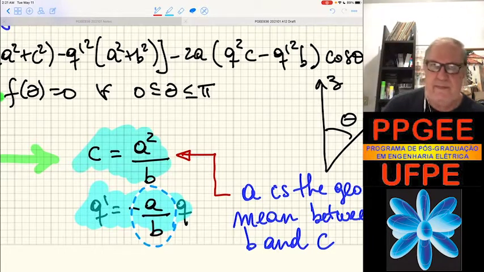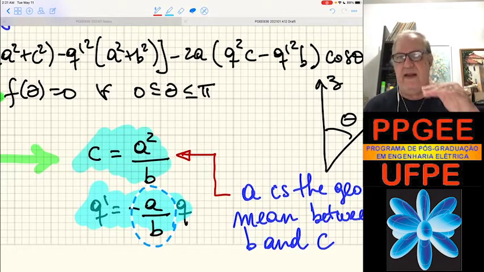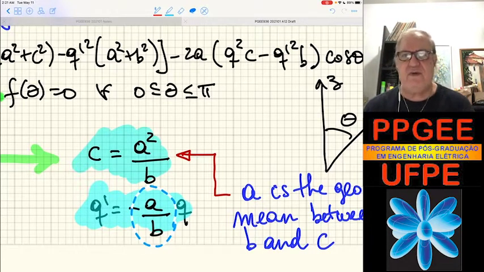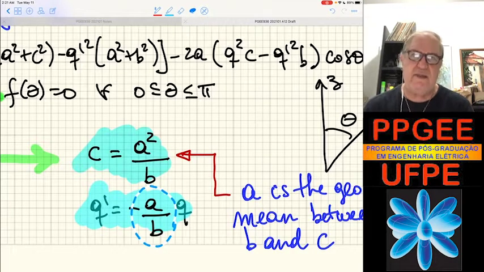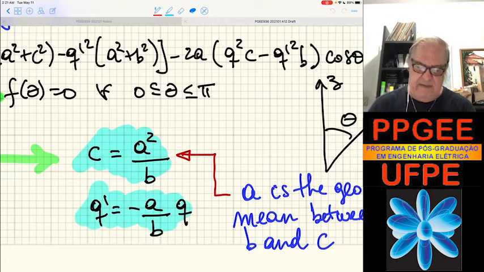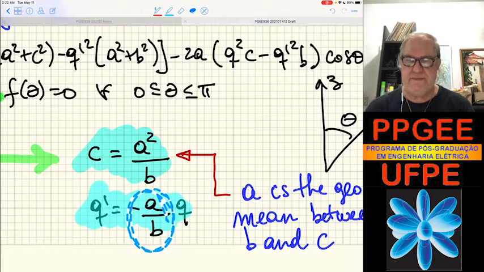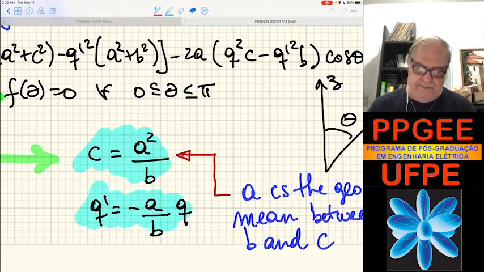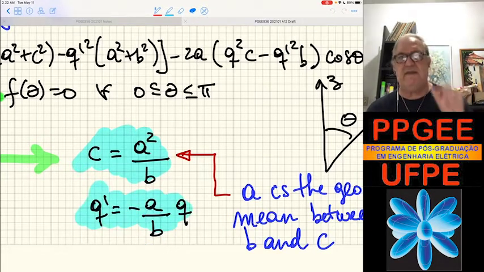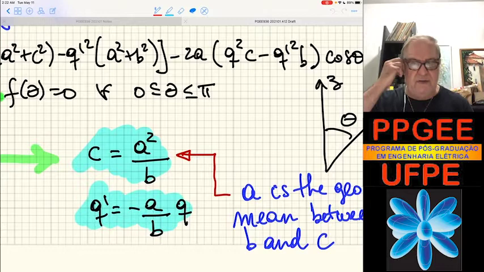So in the planar boundary, the image charge was equal to the charge magnitude. Now the image charge has a smaller magnitude than the charge, and the ratio is A divided by B. So A is smaller than B, so the image charge is smaller than Q in magnitude, right?